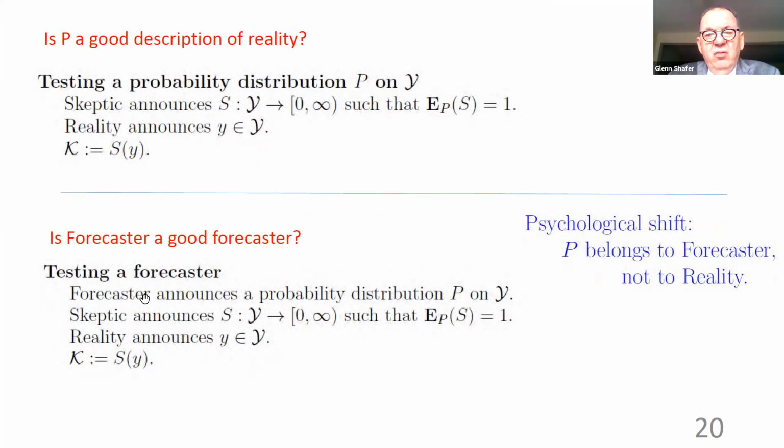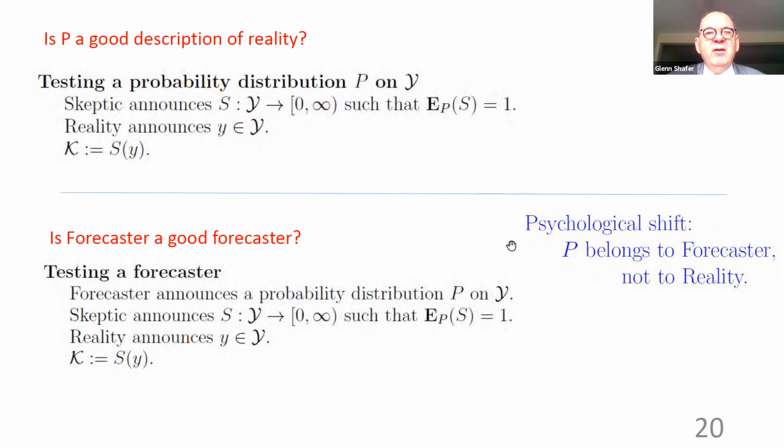So now what happens is we put the forecaster in here, and the first step is that the forecaster announces the probability distribution, and then we do the same thing we did before. Really, this is just another way of saying the same thing, because up here we just built the forecaster's forecast into the name of the protocol, but here we had the forecaster actively announcing it as part of the game. It doesn't really make any difference, except it's a psychological shift.